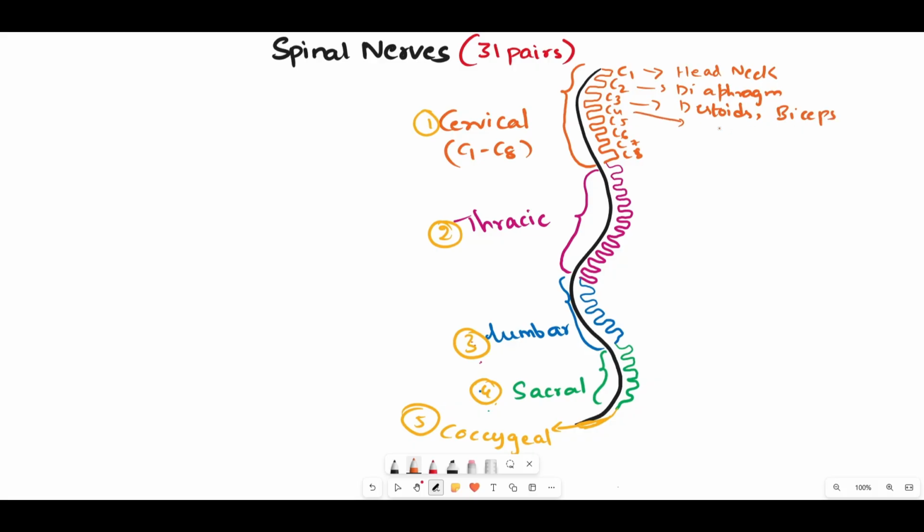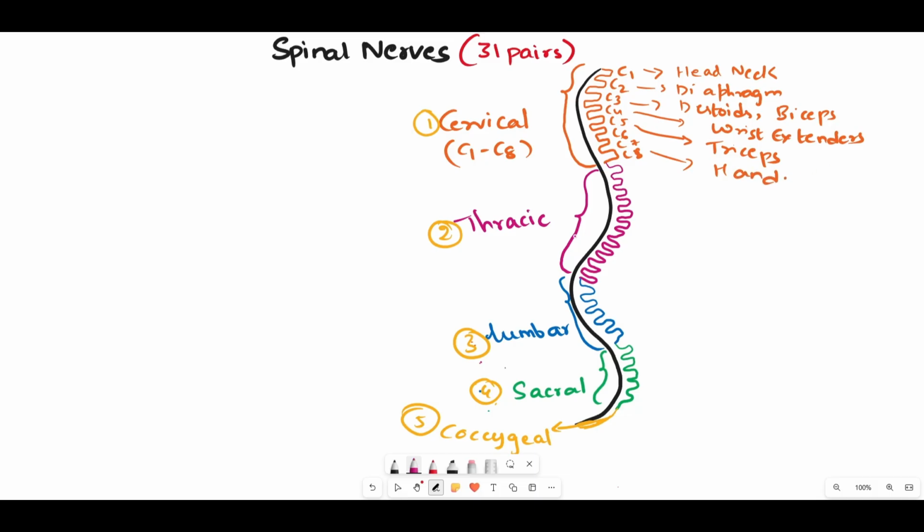Then C4 can be seen in the wrist extenders. C5 can be seen in the triceps. Then C7 and C8 can be seen in the hand region.